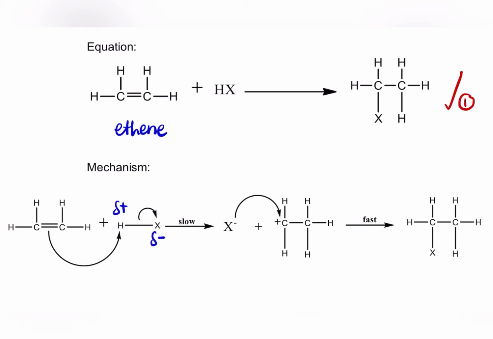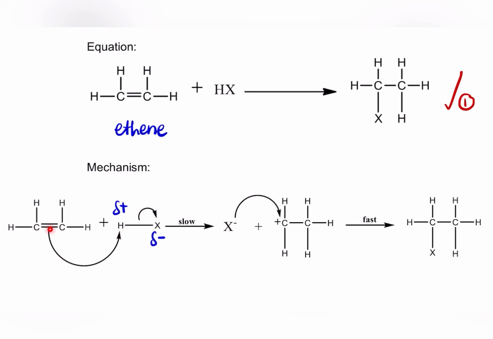So when you do the reaction mechanism, this bond contains 2 electrons and will be transferred to the more electronegative atom, which is the X atom. And this double bond from the alkene contains a high density of electrons, so it will attack the hydrogen, which is more electropositive.